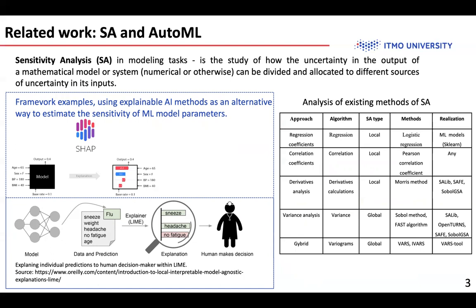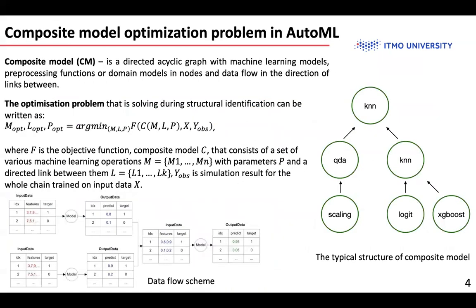Besides classical feature selection methods from ML, global sensitivity analysis methods can also be applied. Additionally, explainable AI methods can be noted as an alternative way to estimate the sensitivity of ML model parameters. For instance, SHAP and LIME frameworks should be highlighted as quite popular here.